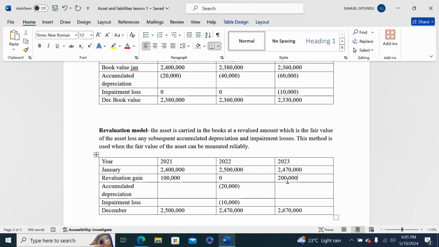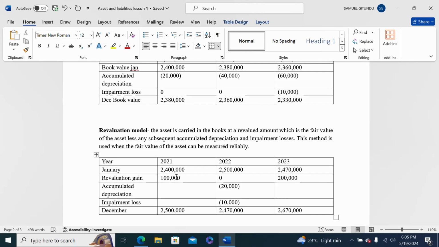So this is how the revaluation method works. This revaluation gain is recognized under revaluation surplus in the equity section of the statement of financial position.